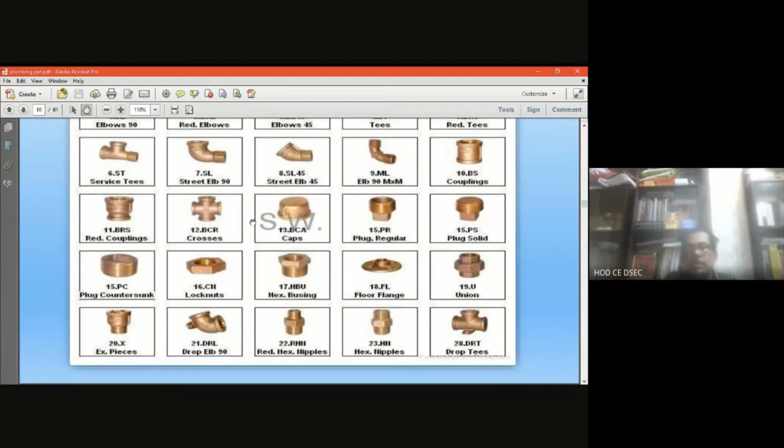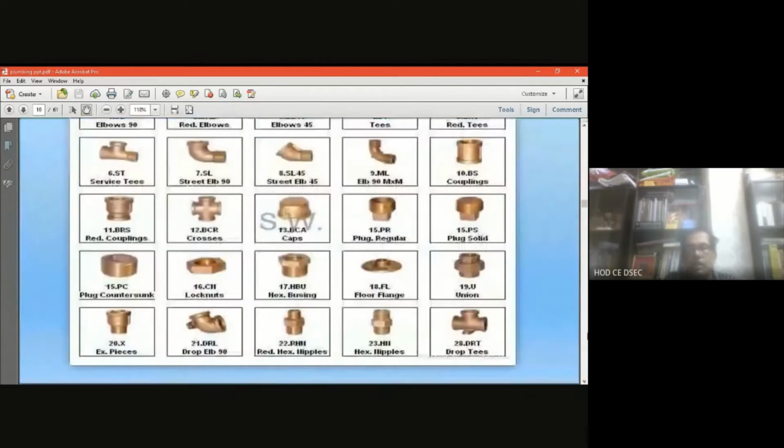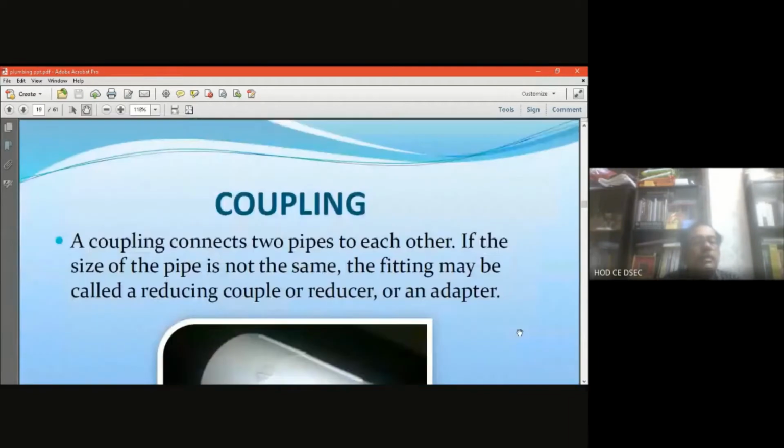First I will discuss the coupling. What is coupling?